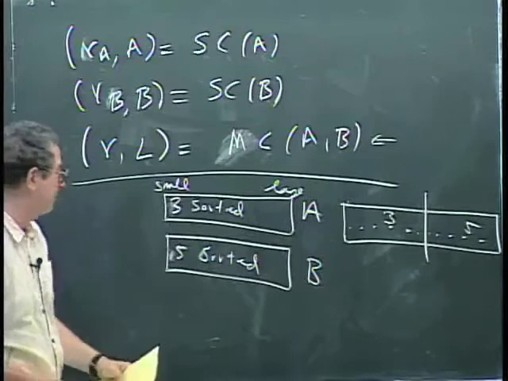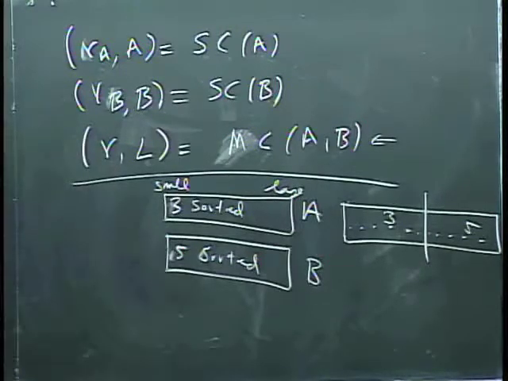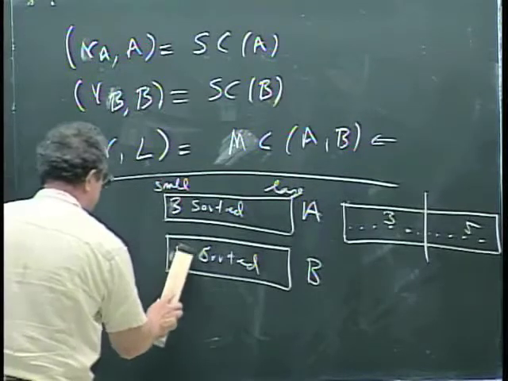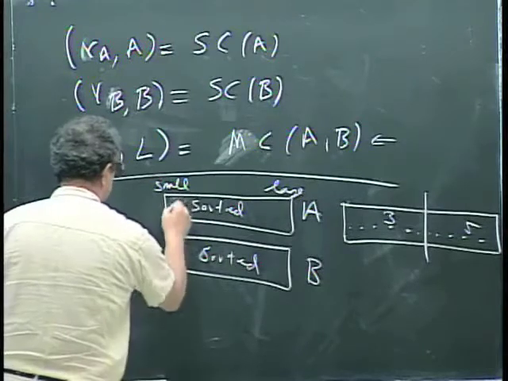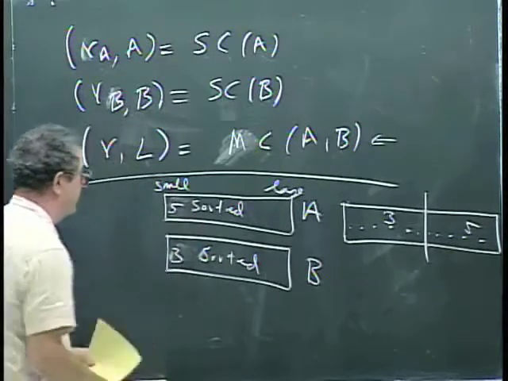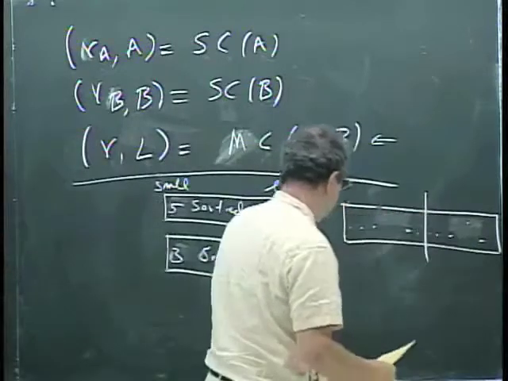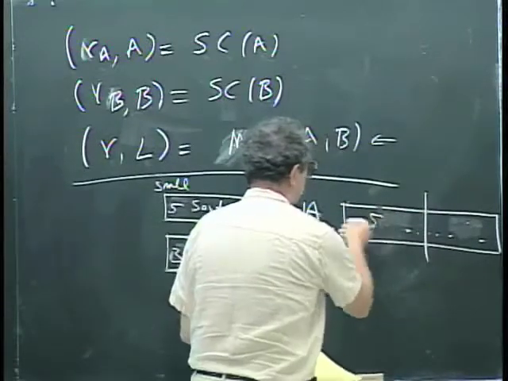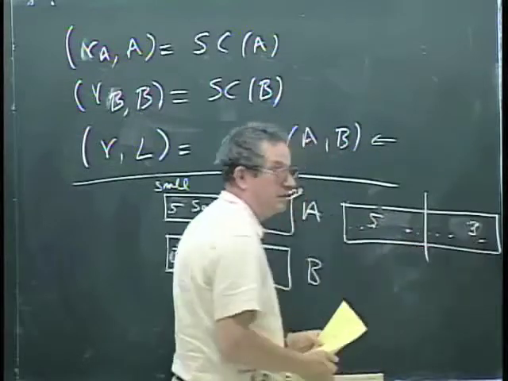I'm going to write this part down in a minute, but just to grease up your intuition, let's look at the opposite case. Suppose you had 5 here and 3 there. So now you know that 5 was somewhere on the left side and 3 was somewhere on the right side.